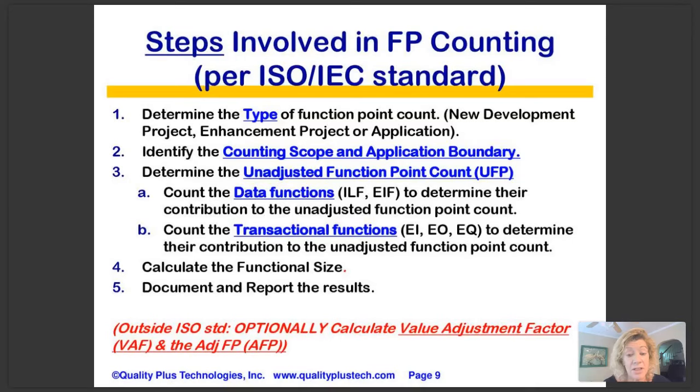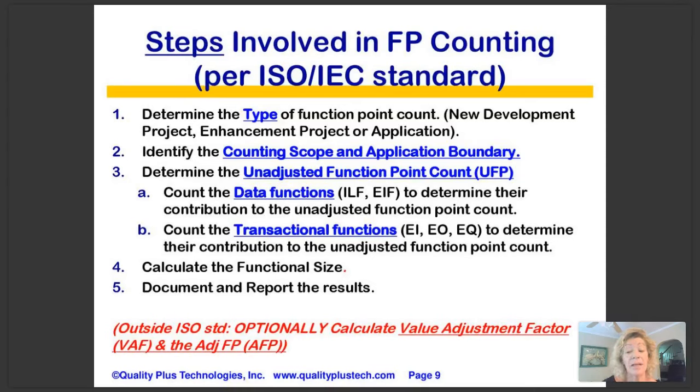So conversion functionality, don't forget, that's only for new development or enhancement projects. The application is how big is this software at rest? How big is it at a point in time? How many function points are sitting there today? So that's the first thing. We decide if we're going to be counting a project or if we're counting something that's already in place, an application.